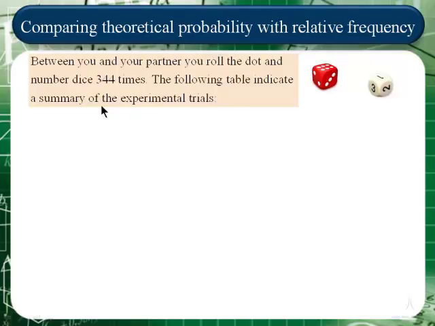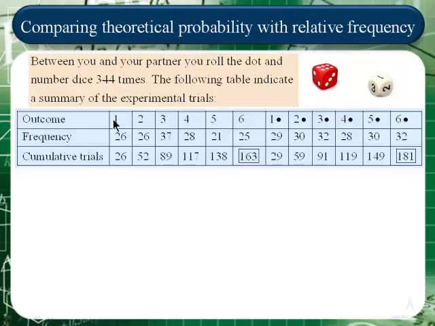The following table indicates a summary of the experimental trials. So here are the outcomes with the number die. You can either get a 1, a 2, a 3, 4, 5 or 6. And this was the frequency, the number of positive outcomes during this particular experiment.